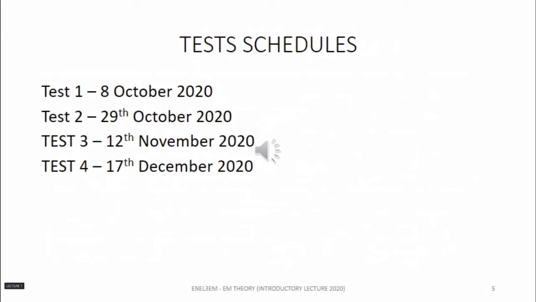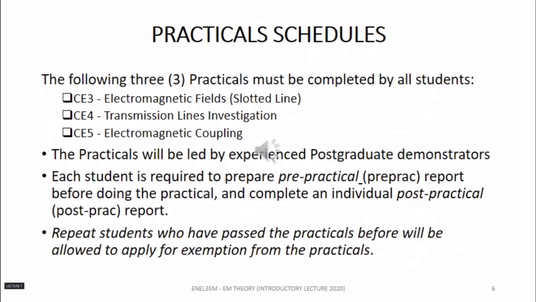We have test 1 on 8th October, test 2 on 29th October, test 3 on 12th November, and test number 4 on 17th of December. So students should start preparing early enough for these tests. Now all students are required to do practicals in EM theory, and there are 3 practicals listed there.